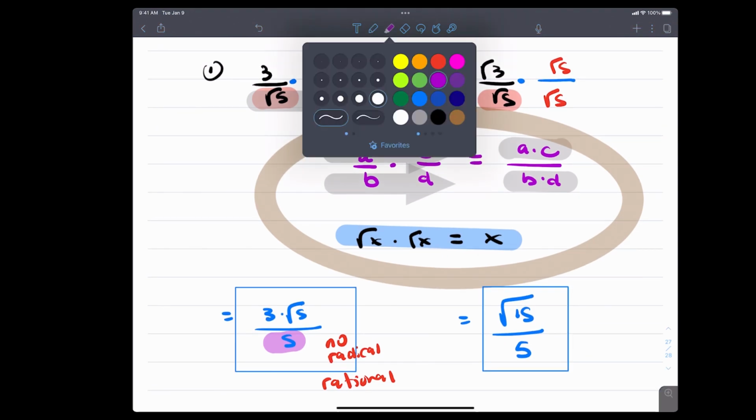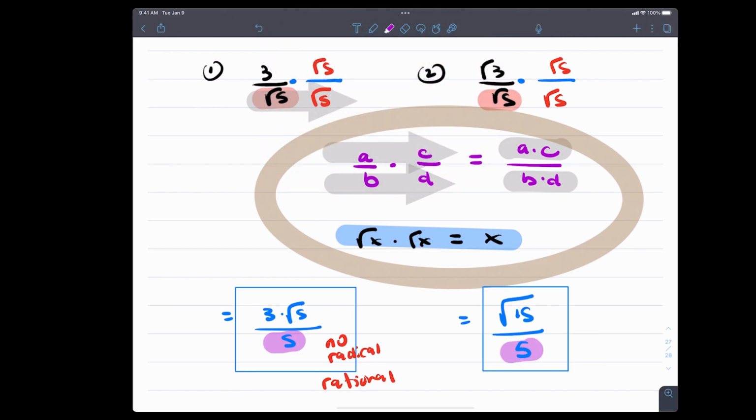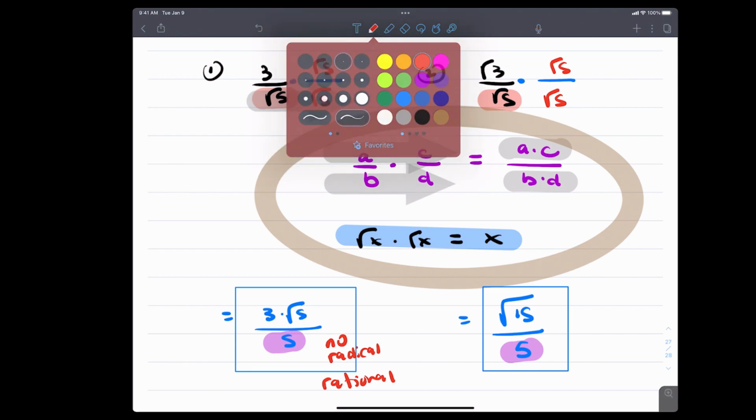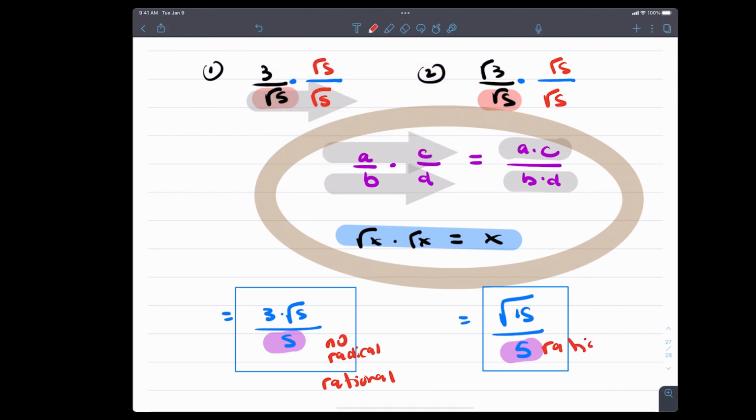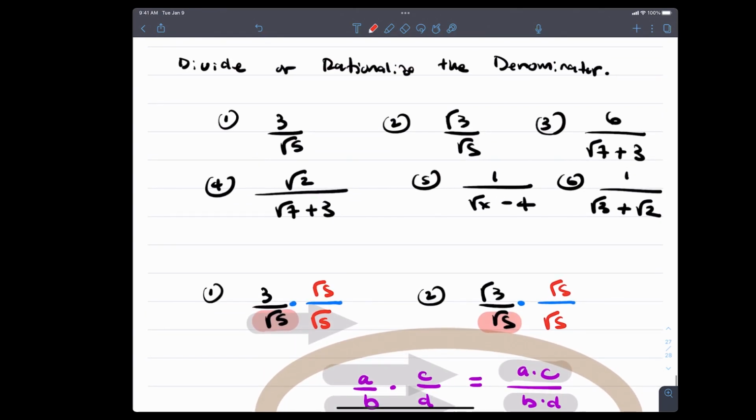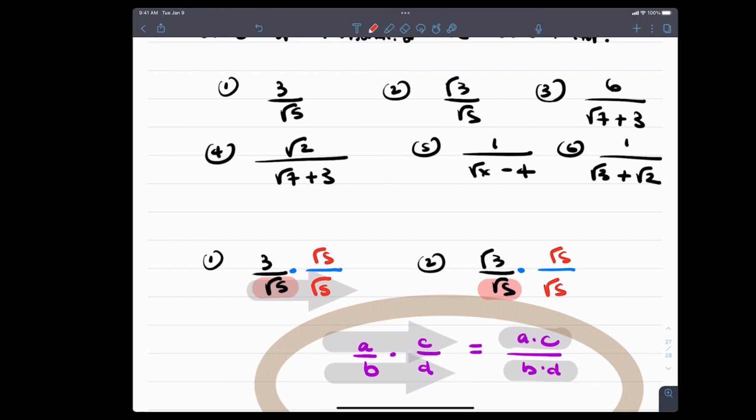Notice the denominator down here, 5, same thing. There's no radical. It is now, we call that what? Rational. It's rational. You rationalize the denominator for number 2. Number 3, number 4.